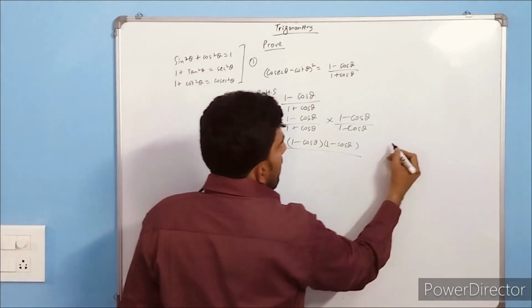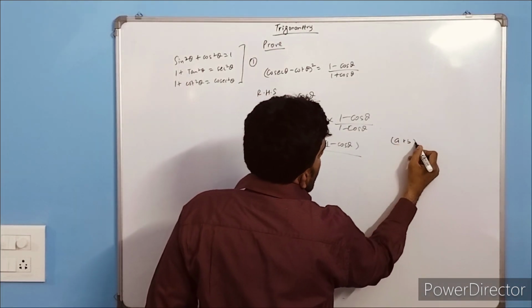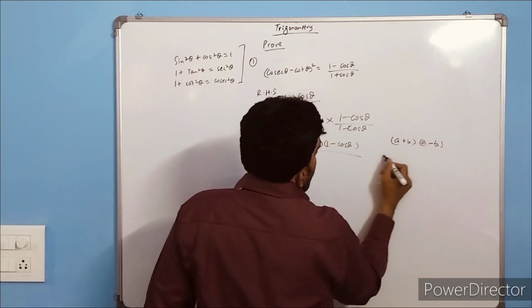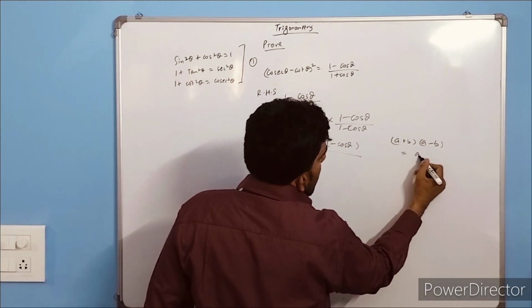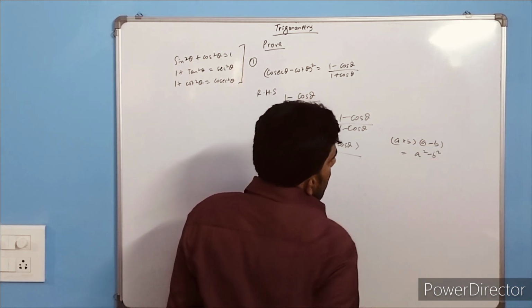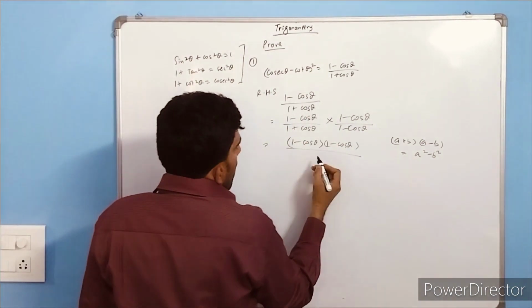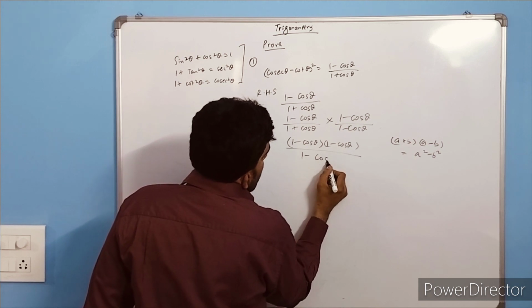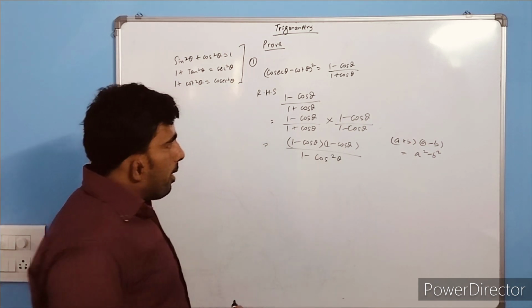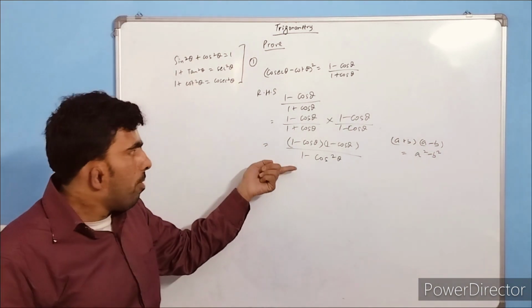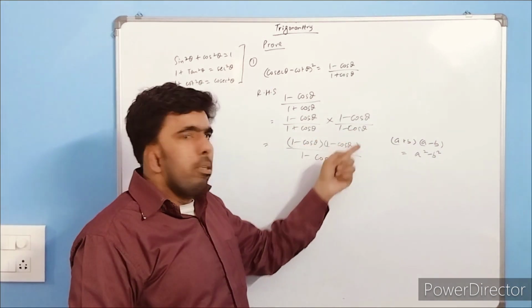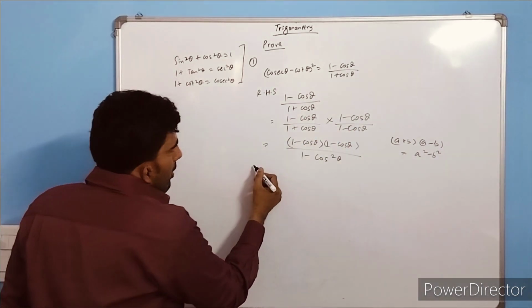We are using the identity a plus b into a minus b, which is a square minus b square. This identity we have studied earlier. So now here we will write 1 minus cos square theta, because here a is 1 and b is cos theta.